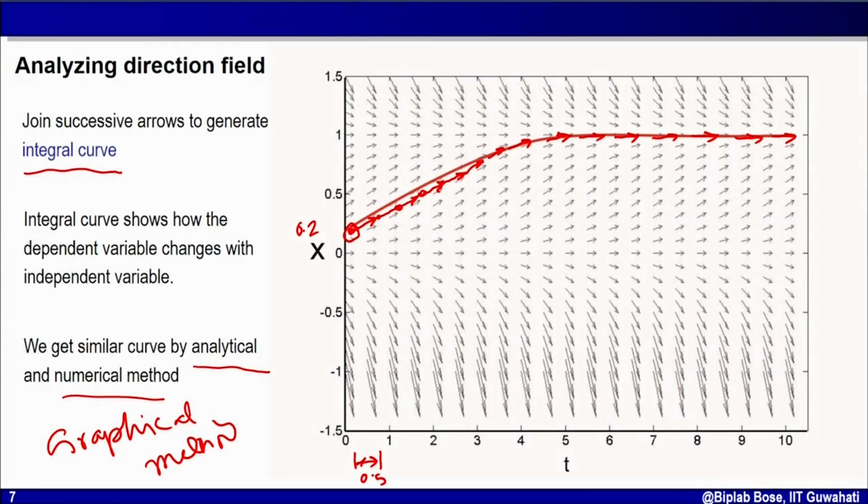Just looking at the graphical representation of the direction field and the integral curve, you can get a qualitative behavior of the system. Let us take another initial point, t equal to 0, x is 0.5, and then if I keep on following the successive arrows, then I will get another integral curve, as shown here by the green one.